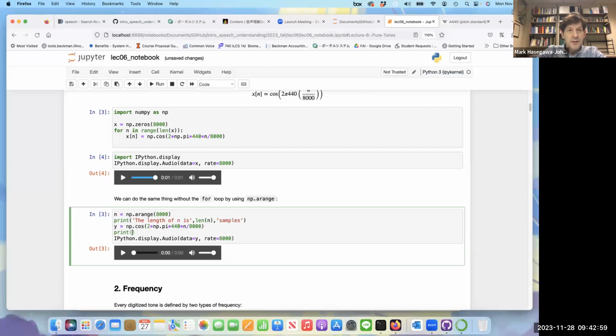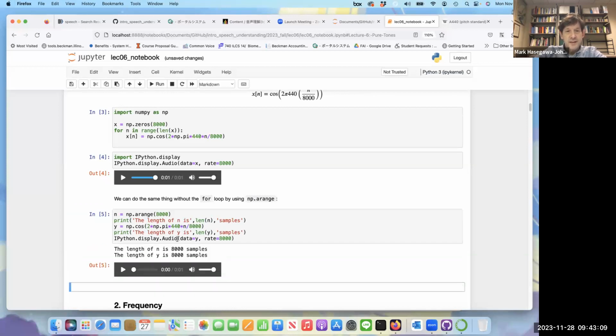And then I'll also hit print here. And then if I run this, you see that I've created now, instead of n being a scalar, n is an array with 8,000 samples.